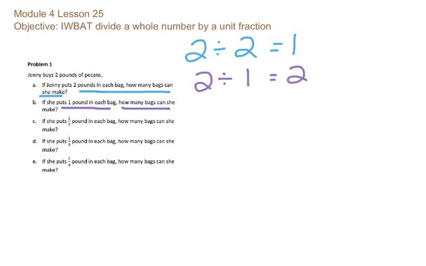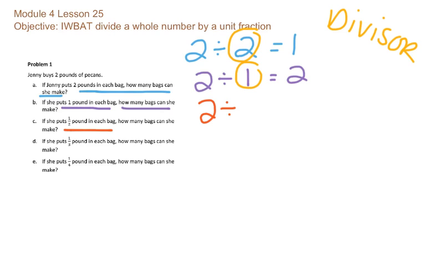Next, we now want to change the divisor. Okay, so this is the divisor. We're going to change the divisor to 1/2. So we have 2 pounds, and we want to divide this into increments of half.